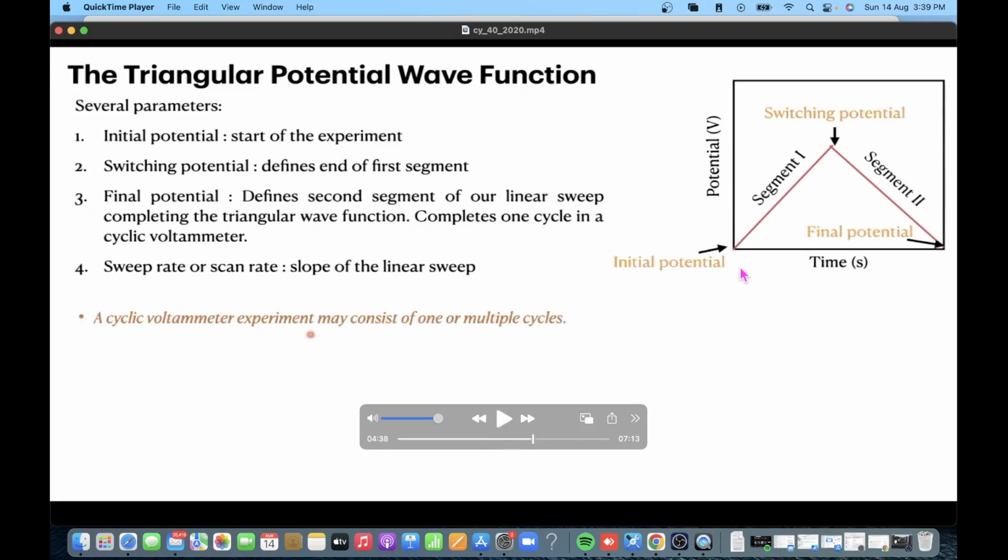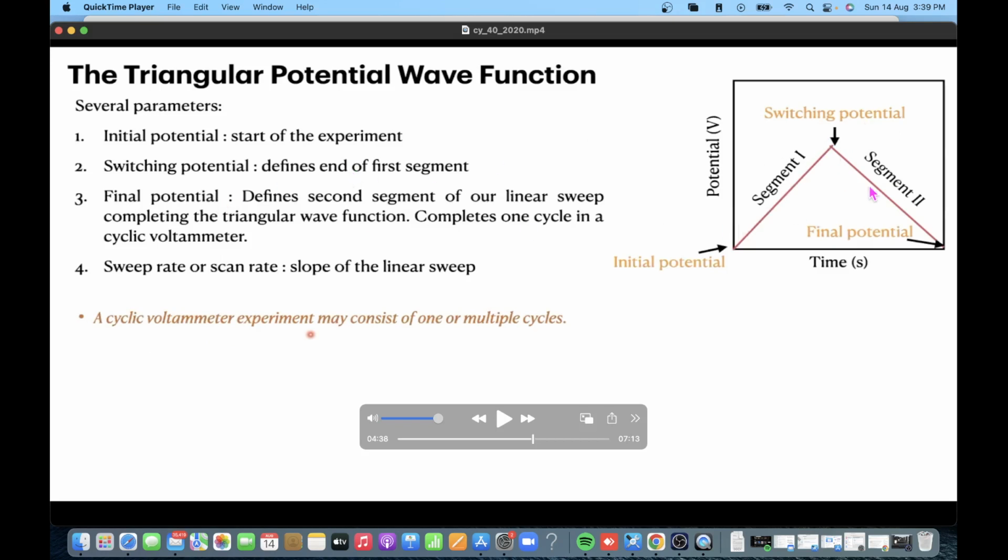So this is my initial potential, from where my experiment starts. The switching potential defines the end of the first segment. This is the linear form that you can see; it is the first segment and it ends here. The potential value corresponding to this point is called the switching potential.